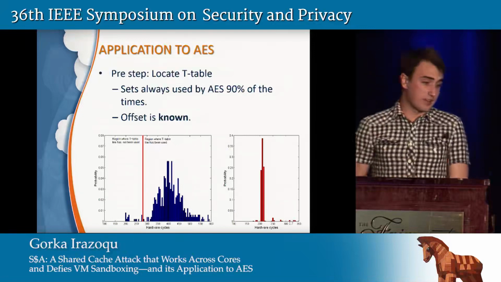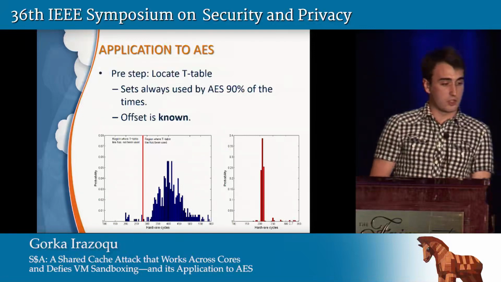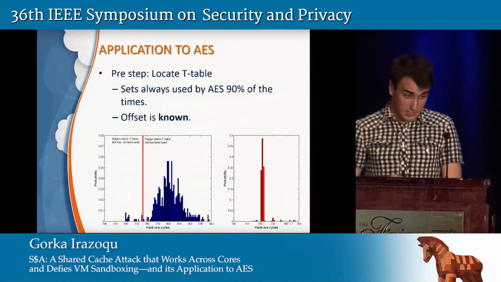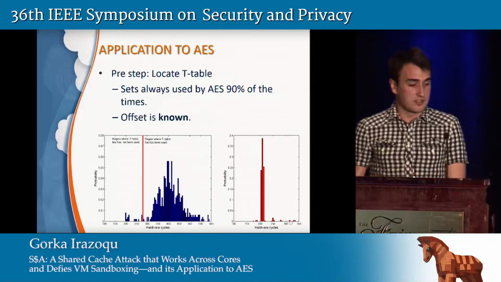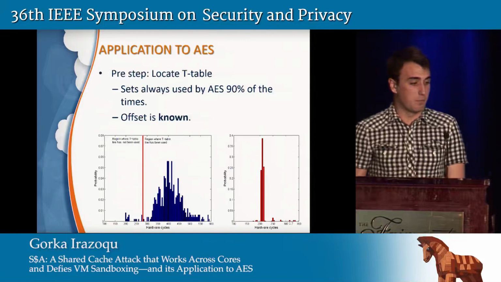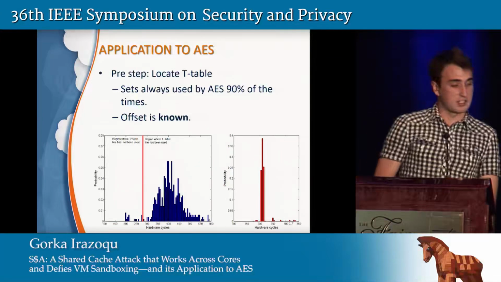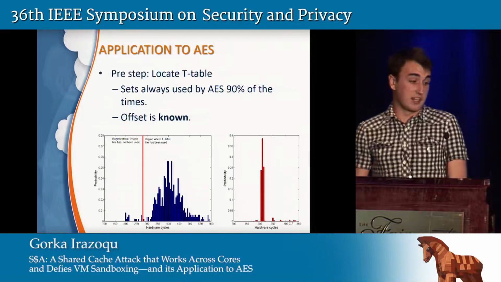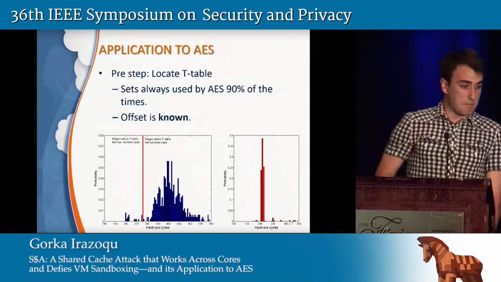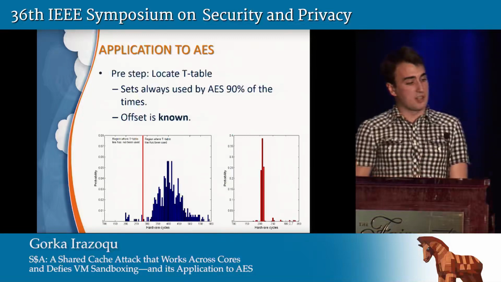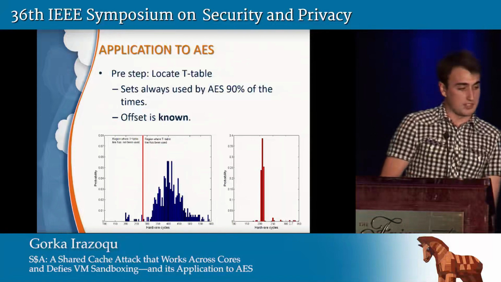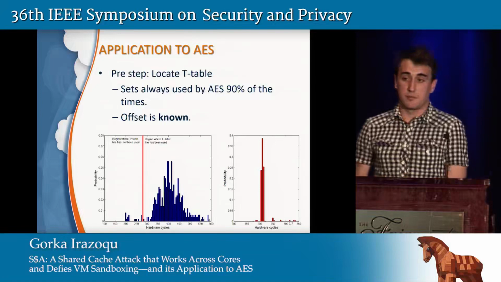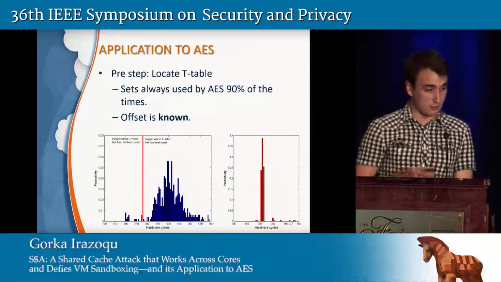The right graph shows a set that hasn't been used, since we see all the timings around 200 cycles. And in the left one, we can see a set that has been used by AES, and indeed a table position. Because we see low timings around 8% of the times, and high timings around 90% of the times, which is actually the behavior we expect from the table position.